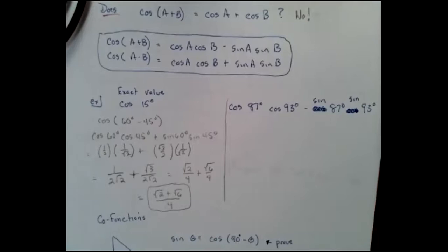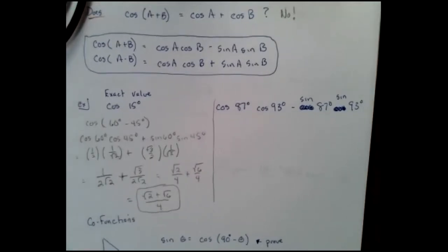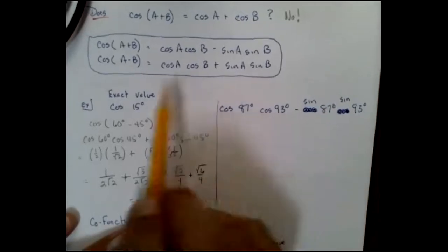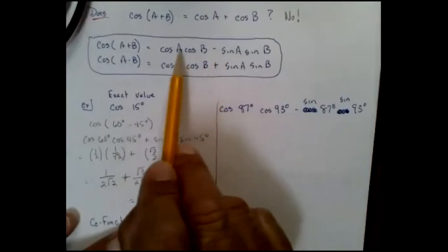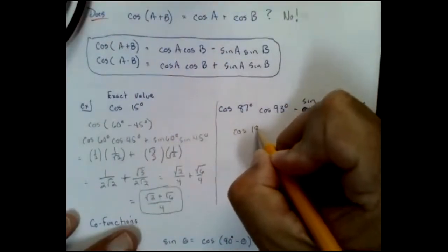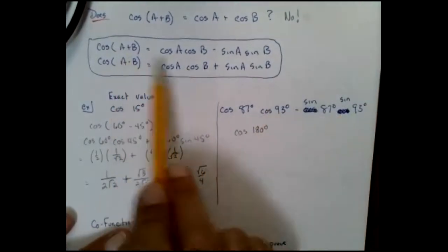Some of you are going, when will I ever use this? Well, you may be an engineer someday, you just never know. Would you, by working backwards, add the two angles to get 180? Yep, because this is following that first one. So this is going to become the cosine of 180, because I added the two.